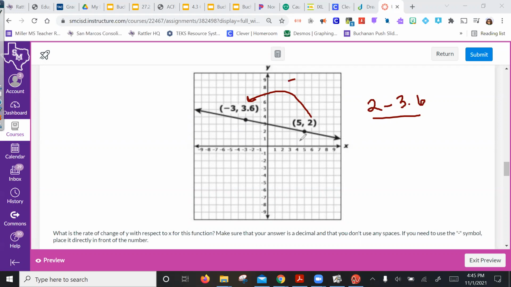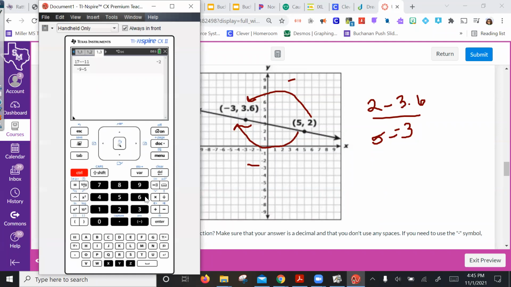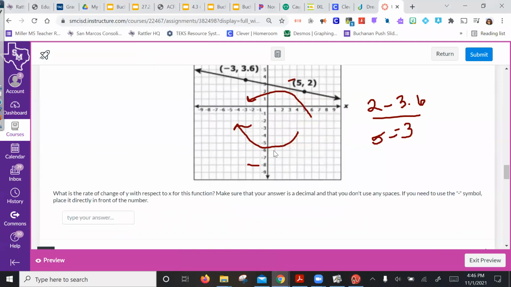On the bottom, you have your x values, x2 minus x1, so 5 minus -3. So we're going to take our calculator, control divide, 2 minus 3.6 over 5 minus -3, and I get negative 0.2.